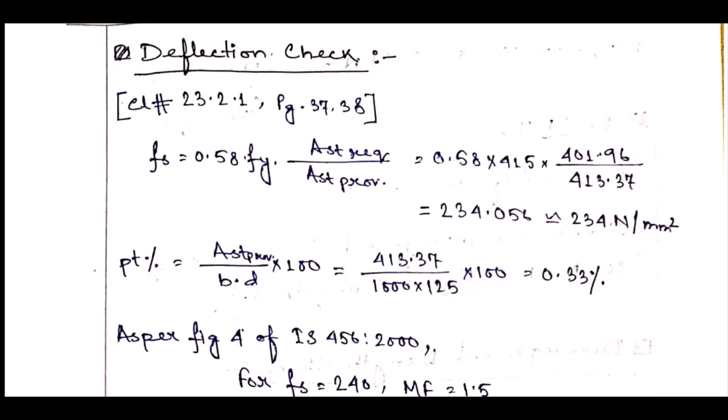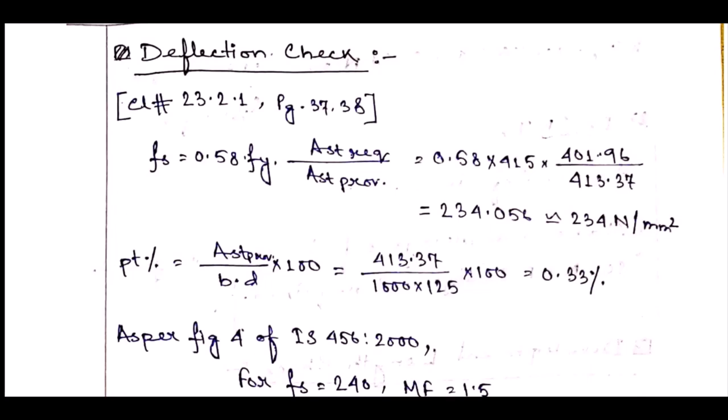The formula is fs equals 0.58 fy into Ast required by Ast provided. So that is equal to 0.58 into fy 415 into Ast required 401.96 by Ast provided 413.37. We know these values.